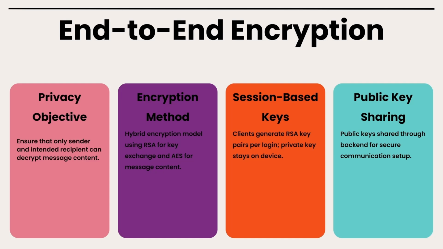For the session-based keys, the client generates RSA key pairs per login, and the private key stays on the device itself, as I discussed before. The public key gets shared with the backend, and the backend stores that in the database, and whenever somebody wants to message that user, they will retrieve that public key from the database.